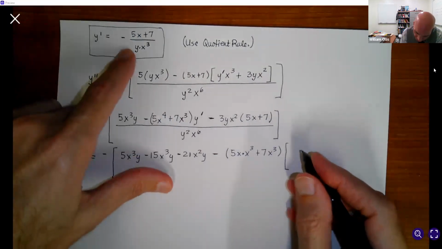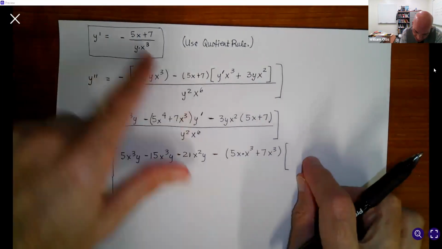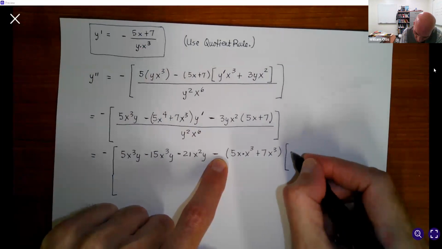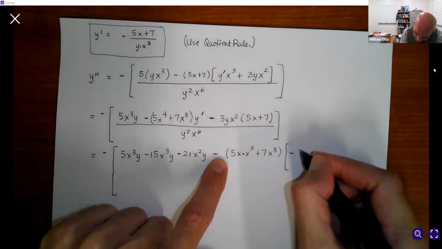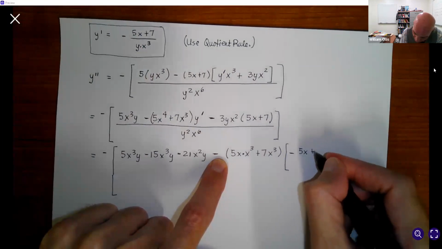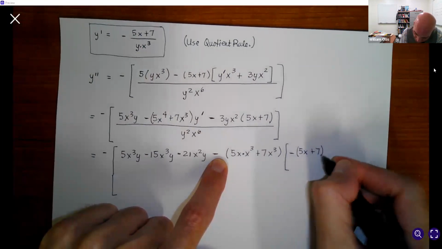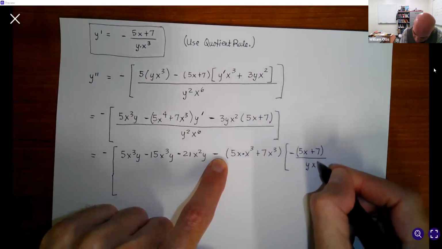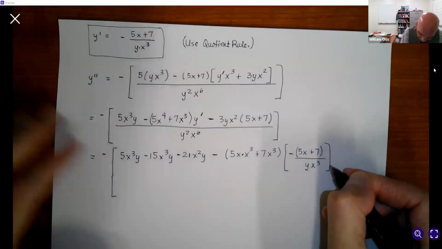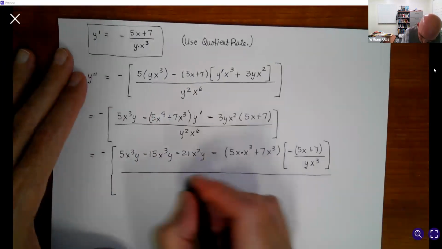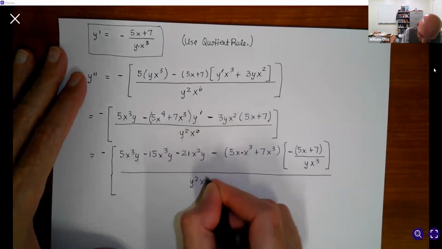And then here, going ahead and substitute this. Now notice this is negative, and so this will absorb this. I won't absorb that now, but I will eventually. So we have 5x plus 7. I'll do it like this so you can easily see that. And then yx cubed. And then, of course, everything else downstairs, y squared x to the 6th.